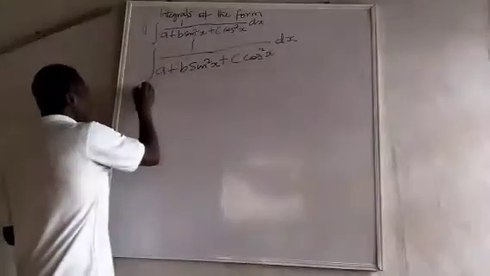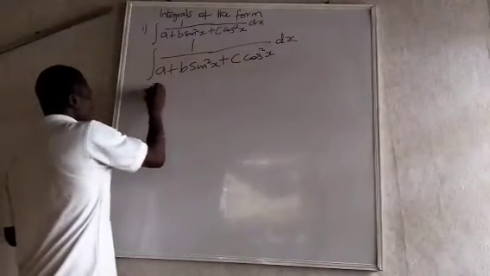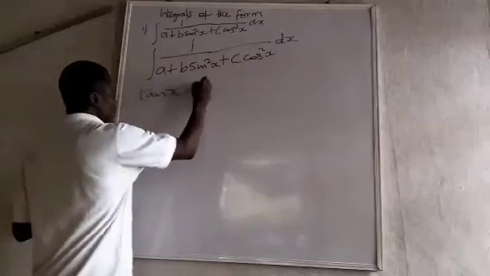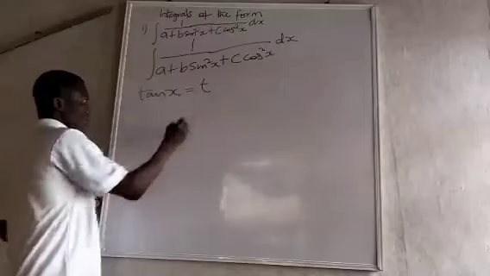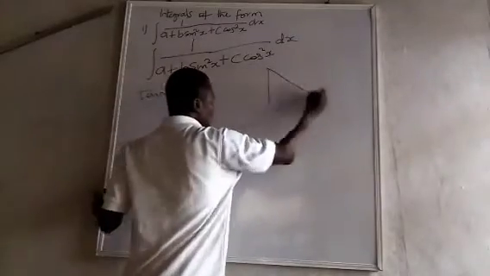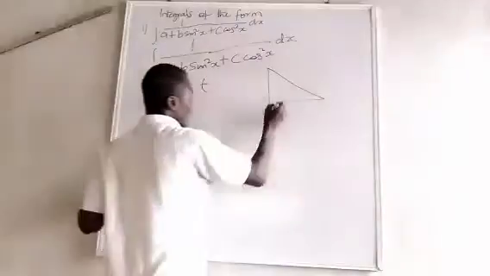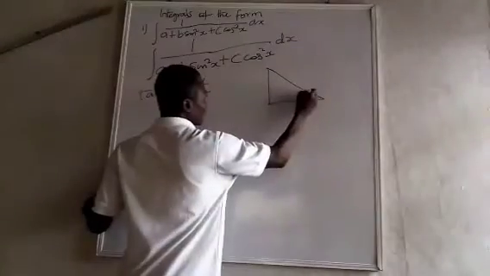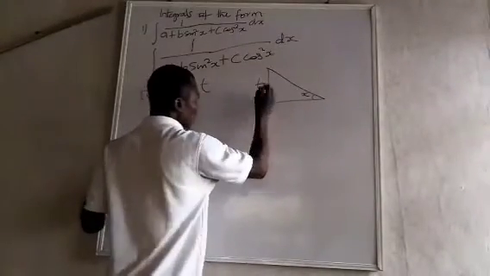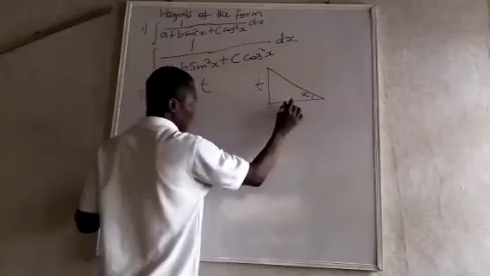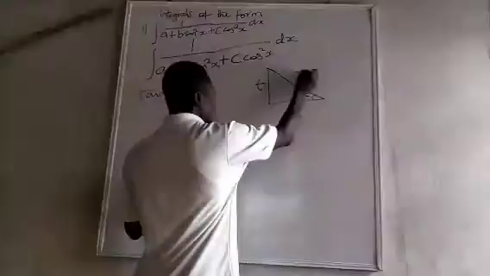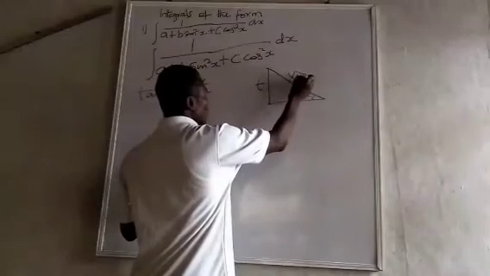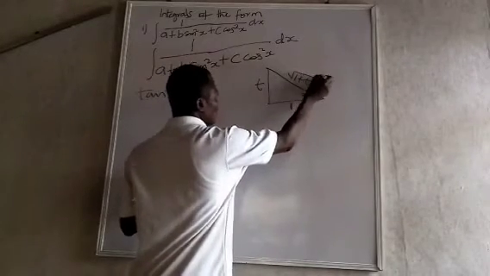Now, let's say we have tan x is equal to t. Sin x and cos x, we can easily get them by working like this. What will be tan x? That will be opposite over adjacent. So if this place is t, this place will be 1. And then, this place will be equal to root of 1 plus t squared by Pythagoras.